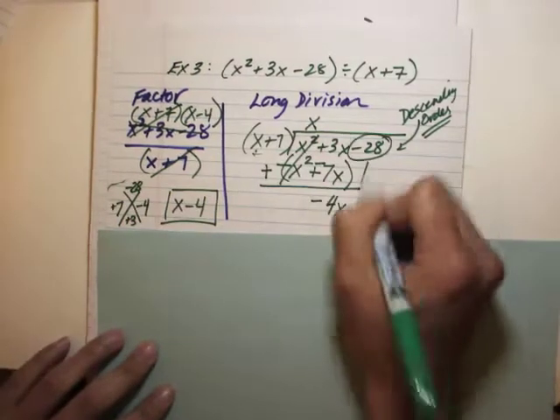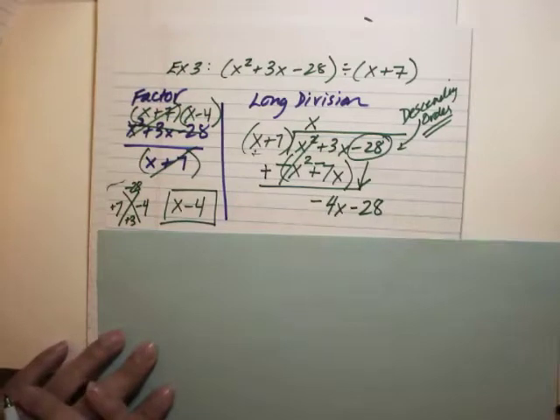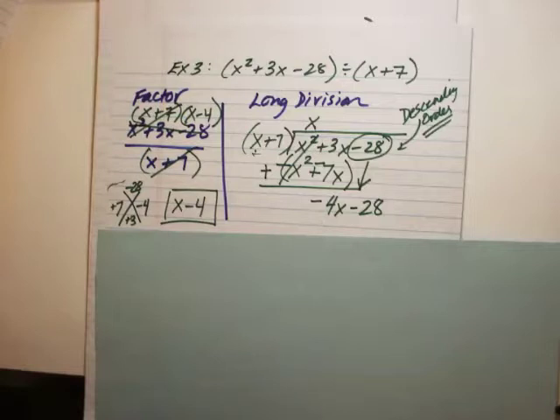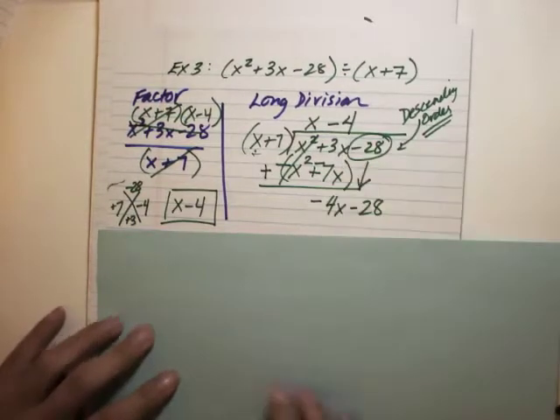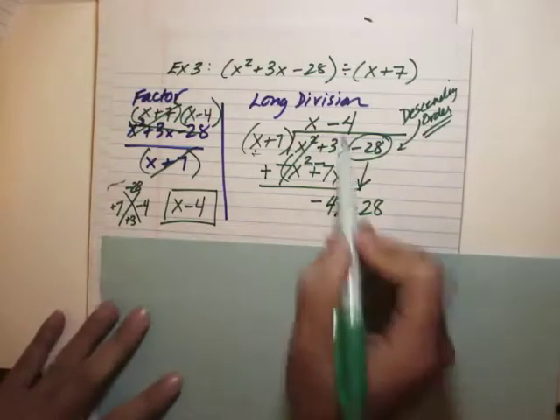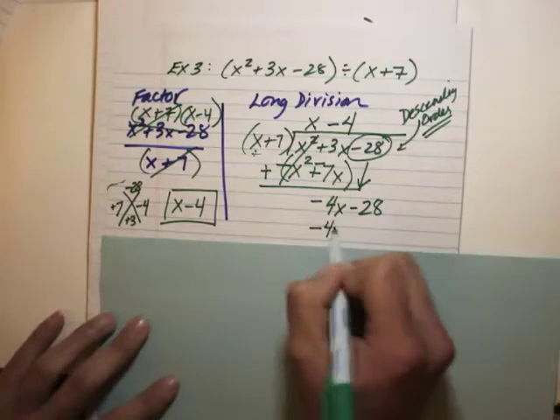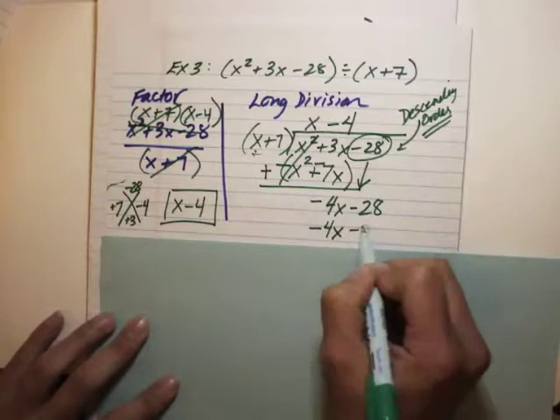And we need to now bring down the negative 28. So next up, how many times will x go into negative 4x? Or you're actually looking for a factor that you can multiply together to make that work. And it would be negative 4. Negative 4 times the x will give you a negative 4x. Negative 4 times the 7 will give you a negative 28.